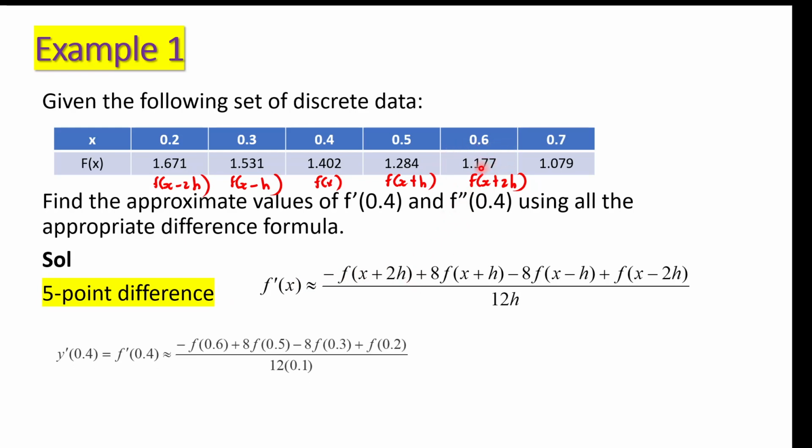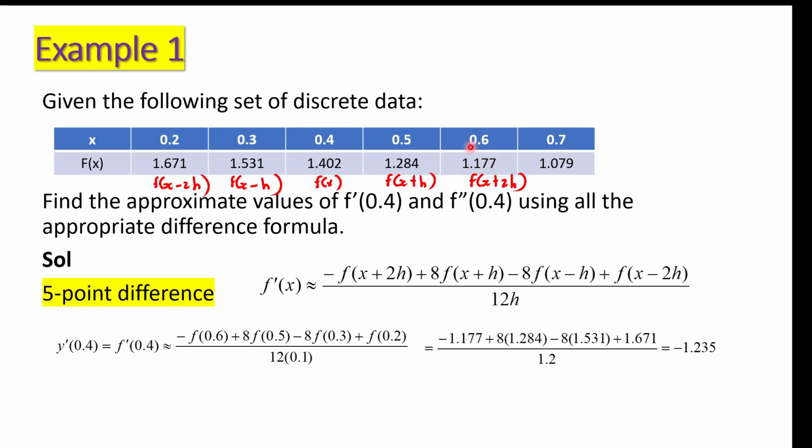so negative 1.177 plus 8 times f(x+h), 8 times 1.284, minus 8 times f(x-h), which is 1.531, plus f(x-2h), which is 1.671, divided by 12h. 12 times 0.1, so you get 1.2.